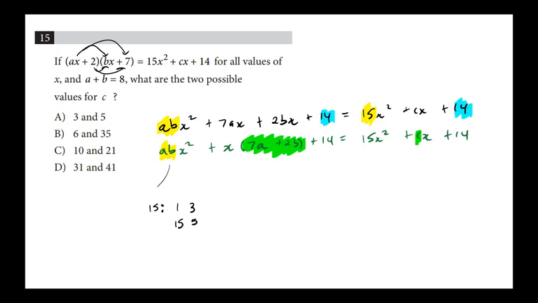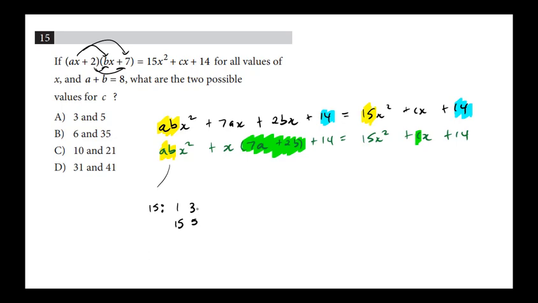Okay. So a times b gives me 15, and a plus b has to give me 8. So 1 plus 15 doesn't give me 8, so it looks to me that a and b have to be 3 and 5.